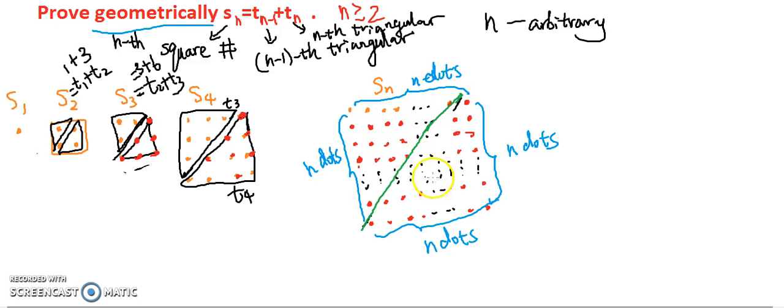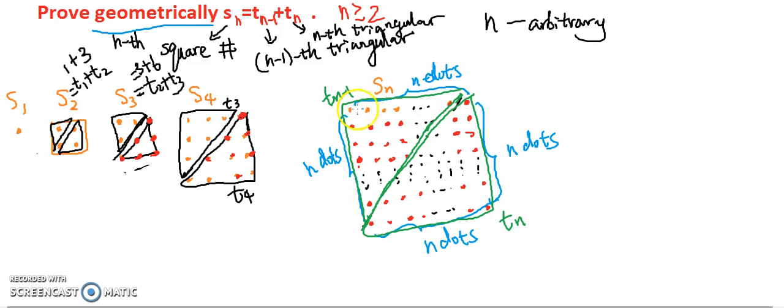All right, so we divide the square into 2 parts. The top, we can verify, is going to be exactly the n-1 triangular number, and the bottom shape is going to be exactly our nth triangular number. So let's take a look.